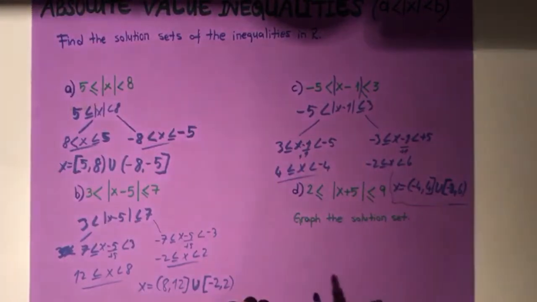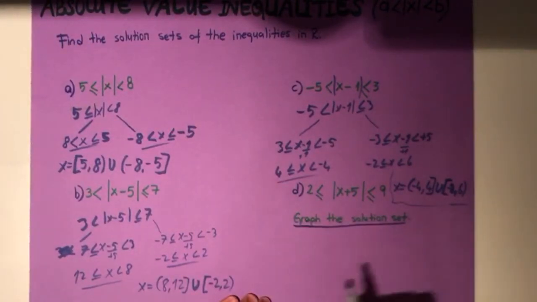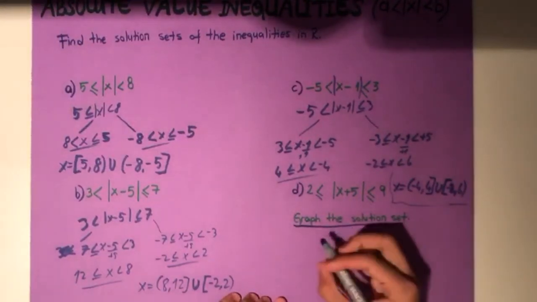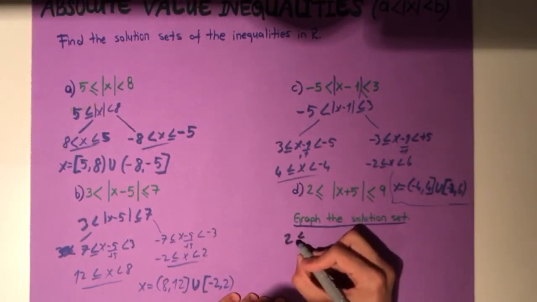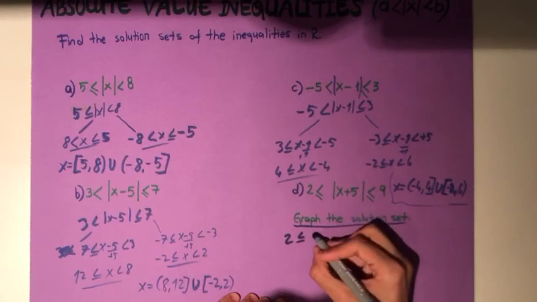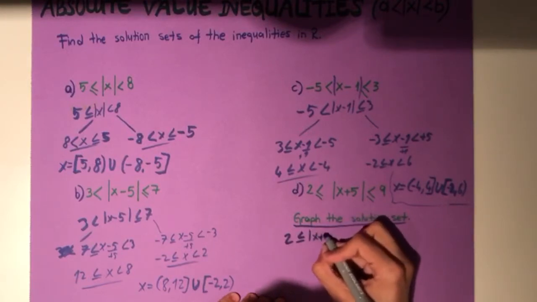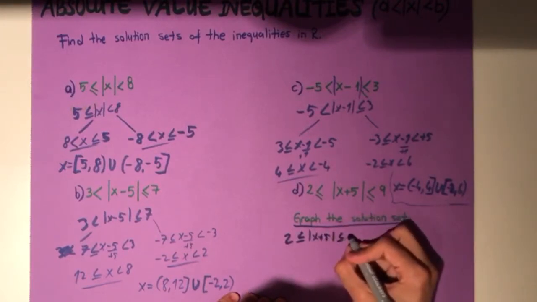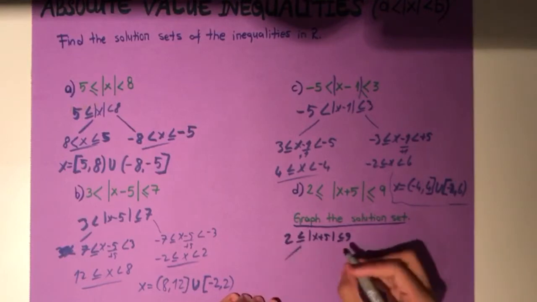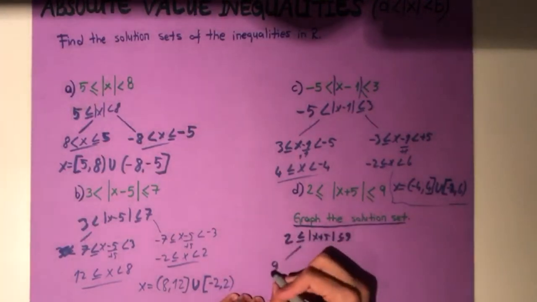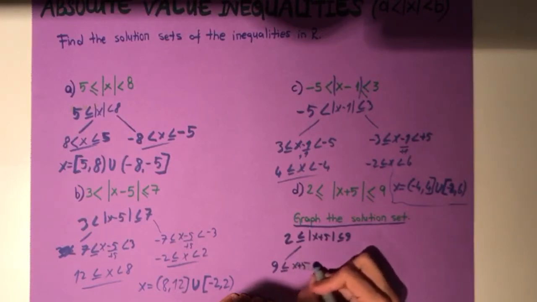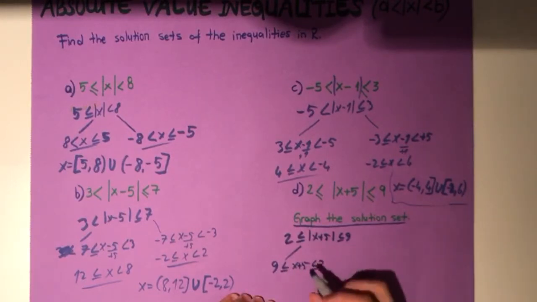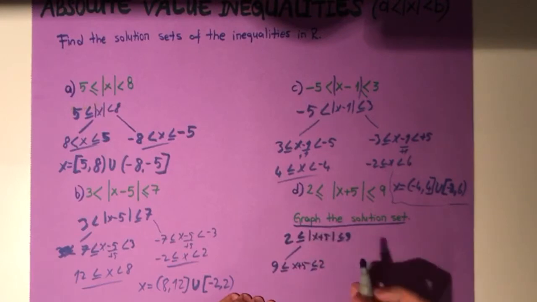So yes, this is the last question, and it says graph this solution set. Graphing is easy. We will do it after we find the interval. So first of all, we're writing this to make it easier. Okay, so 9 goes to the left side, x plus 5, and 2. 2 goes to the right side.